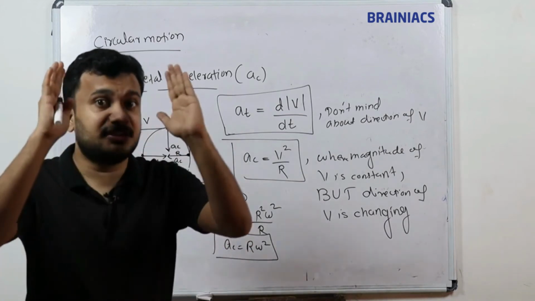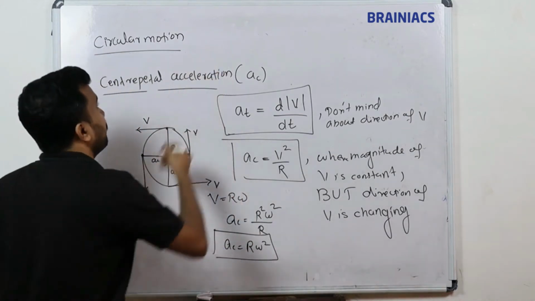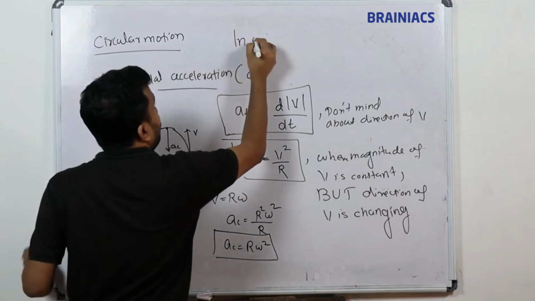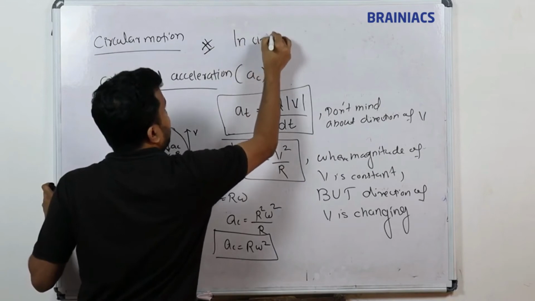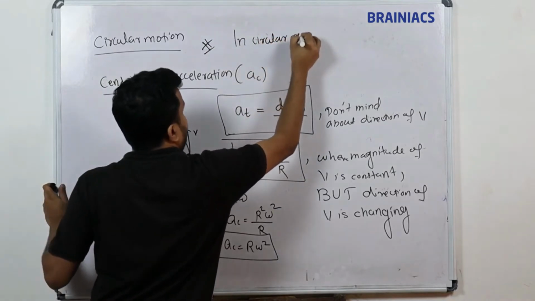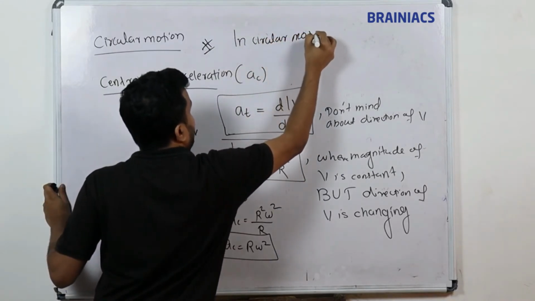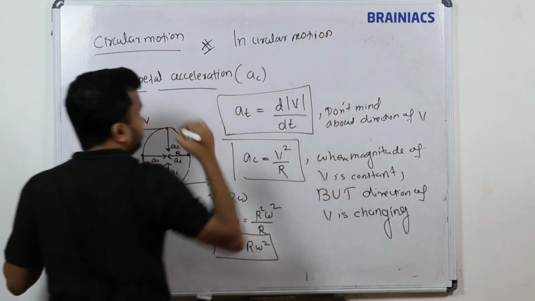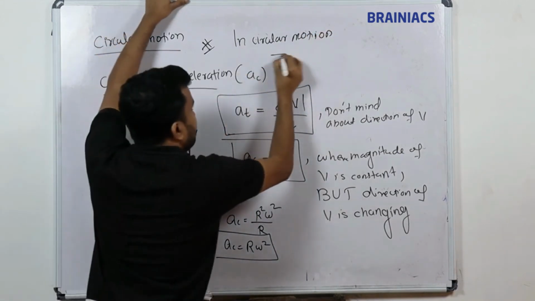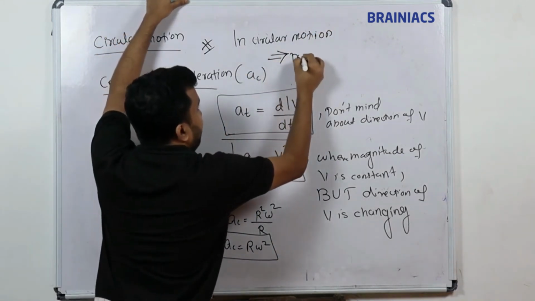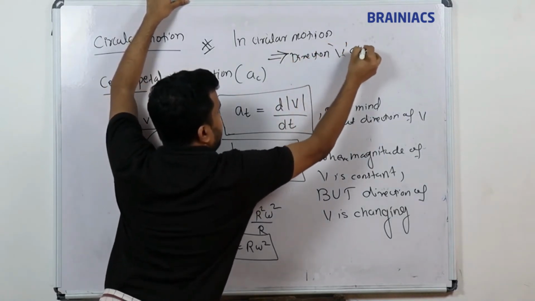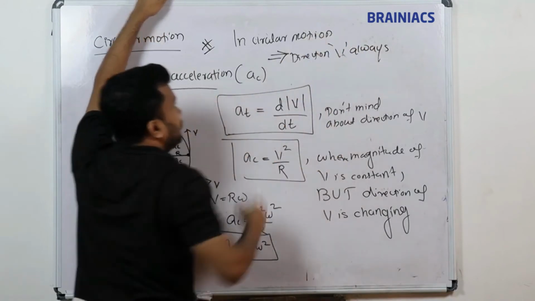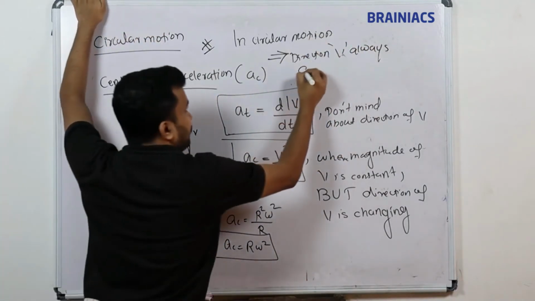Remember one thing in circular motion, this is an important point: the direction of v always changes.